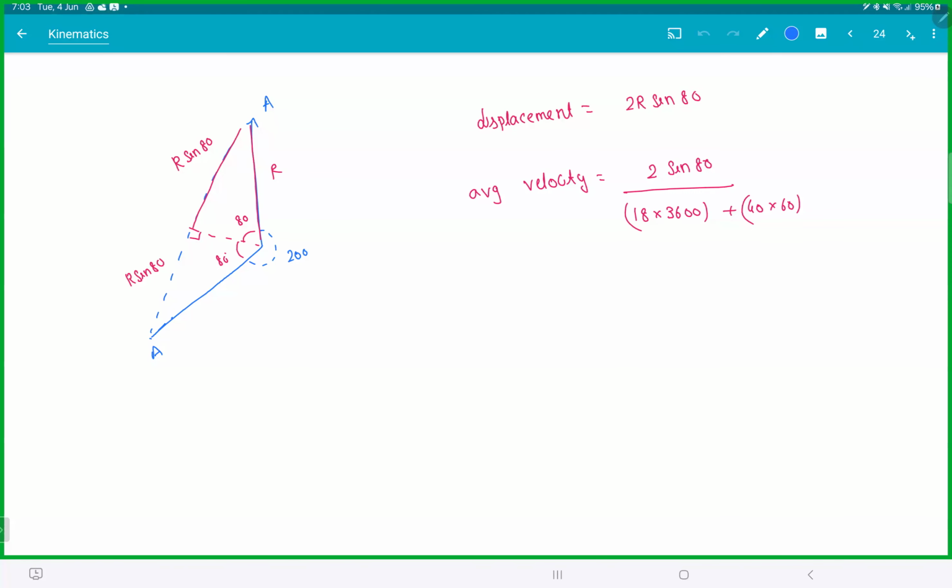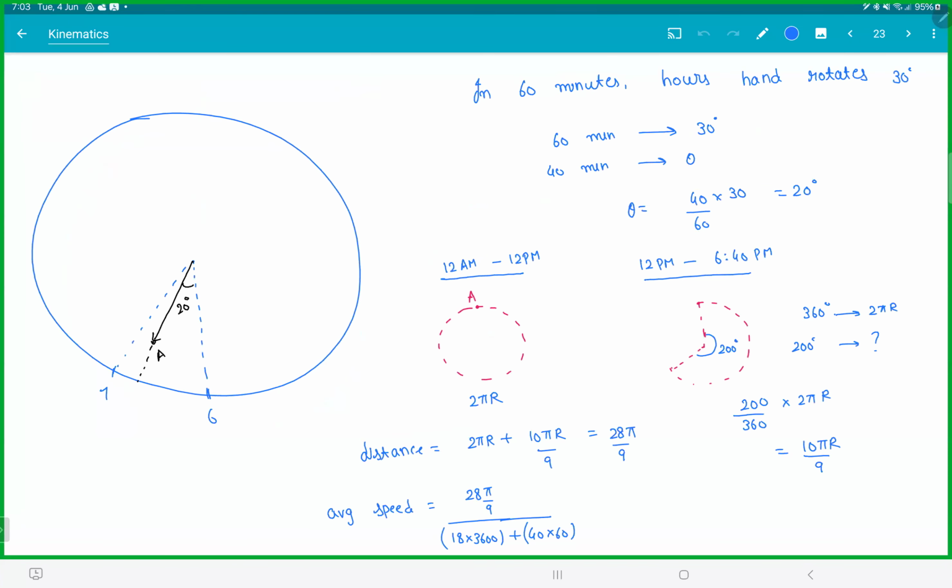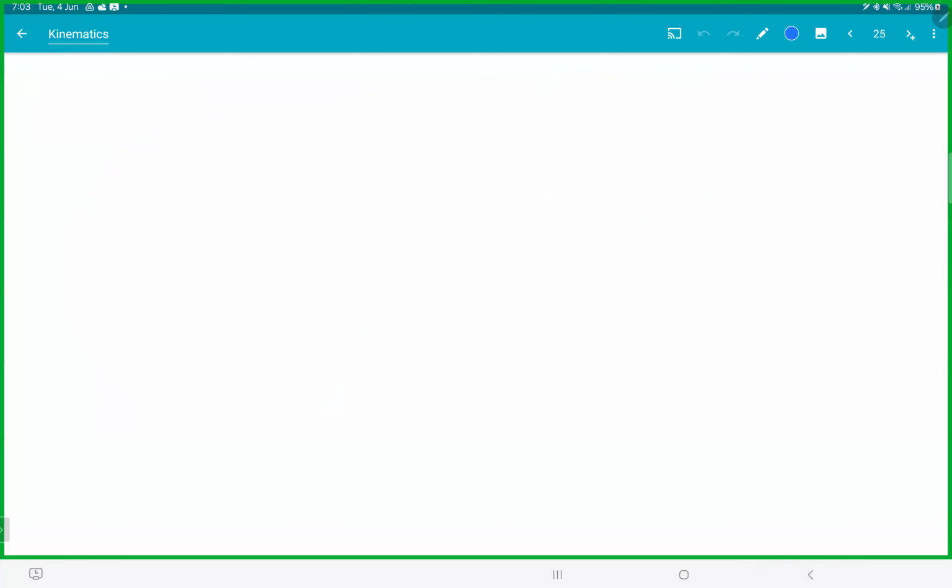Last thing we did was the clock problem. Next thing, average acceleration.